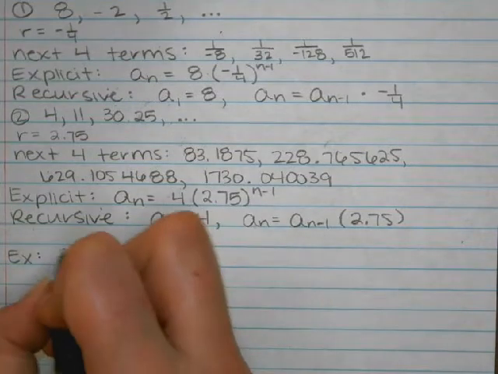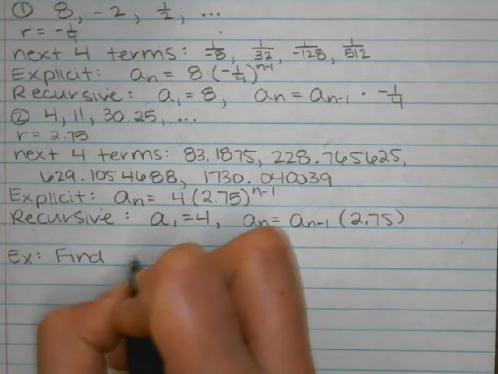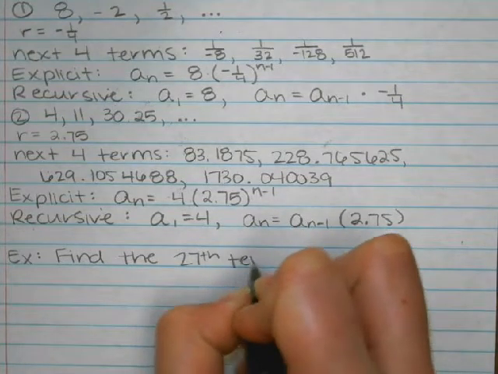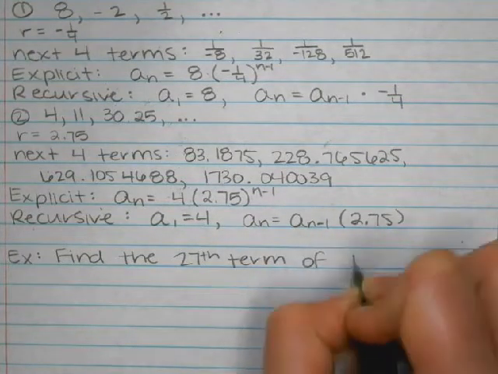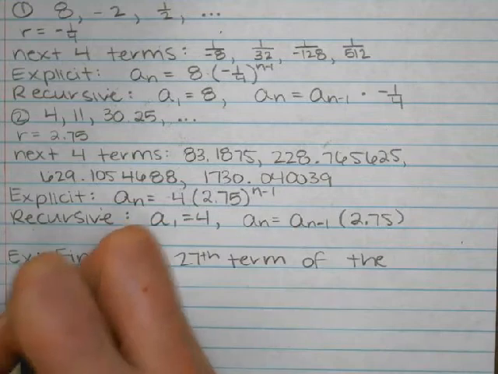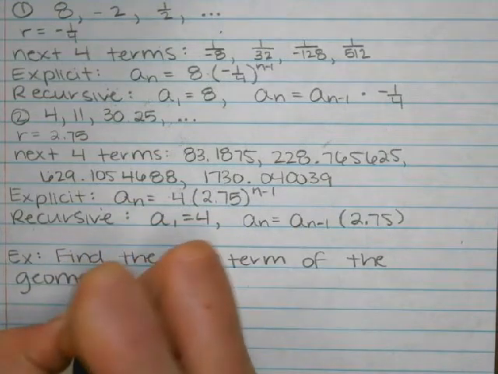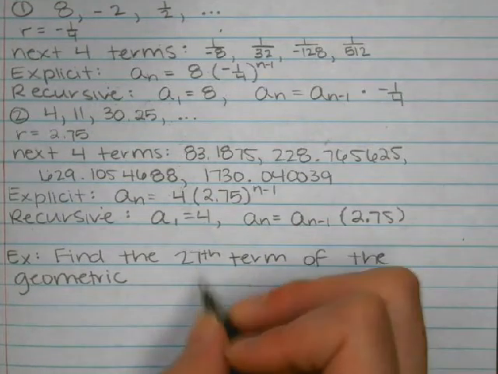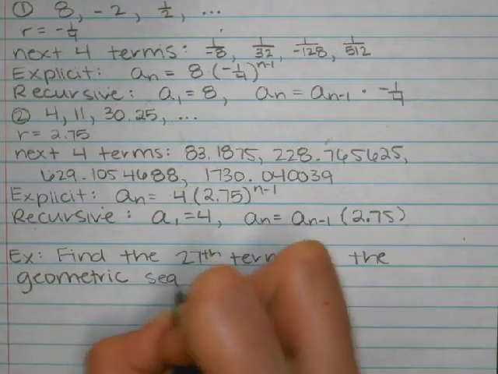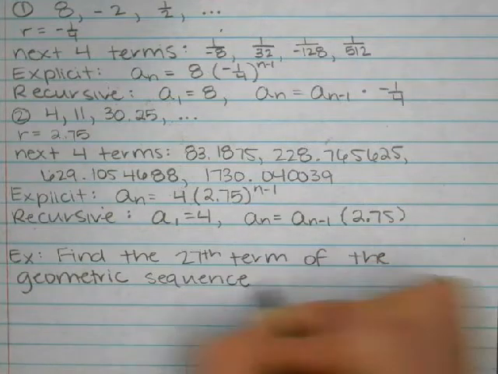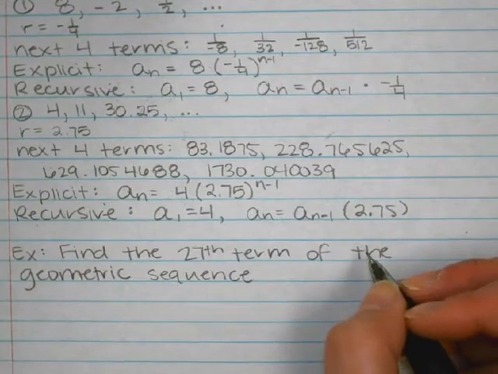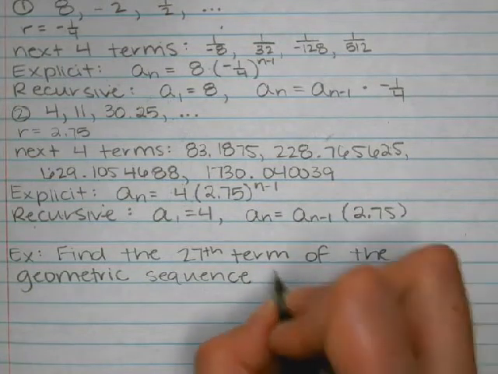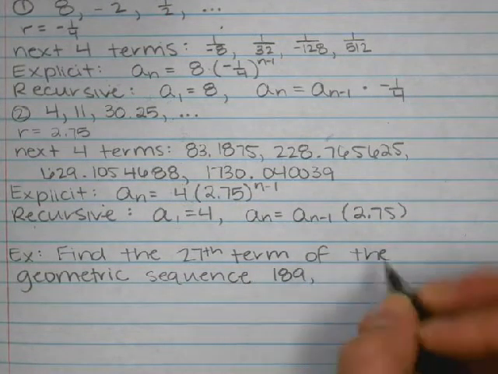So let's say they asked you to find the 27th term of the geometric sequence, and typically when they do this, they'll either give you more than 3 terms or they'll specifically tell you what type it is. They have to give you enough information so that you can see the pattern without confusion. So there wouldn't be multiple different patterns depending on how you look at it. There would just be the one right pattern.